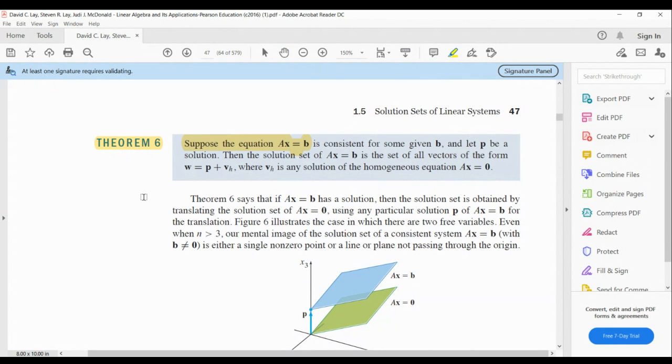So the system of non-homogeneous equations corresponds to Ax = b.